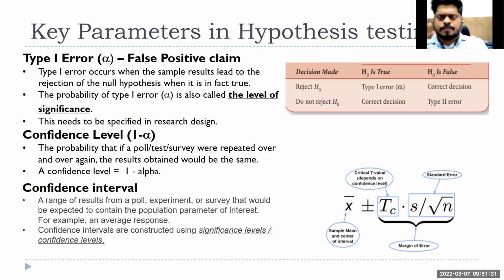I'm not sure of that, but let's say that is the method. Then after 35 rotations, if they do not detect the virus, they'll say that person is not COVID affected. So if this is my problem statement, how will I create a hypothesis out of it?